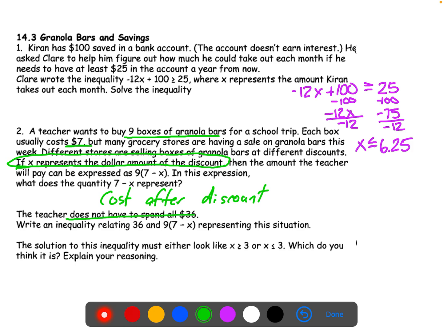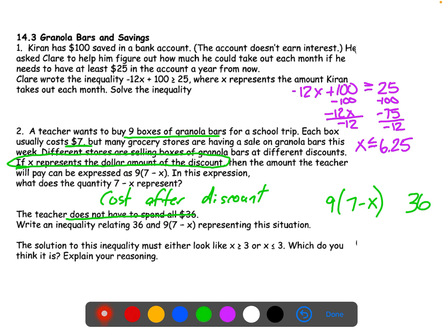Write an inequality relating 36 and our expression from before to represent the situation. Okay, so we will take this expression, because that was the cost of 9 boxes of granola bars after the discount. We're going to relate it to 36.